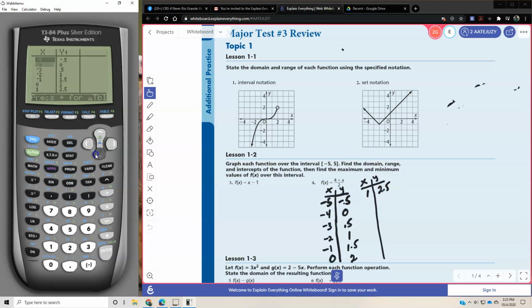I'm going to go ahead and scroll down. 2 is 3, I'm sorry, let me make that correction. 2 is 3, and 3 is 3.5, and we have 4, which is going to be 4, and 5 is going to be 4.5.